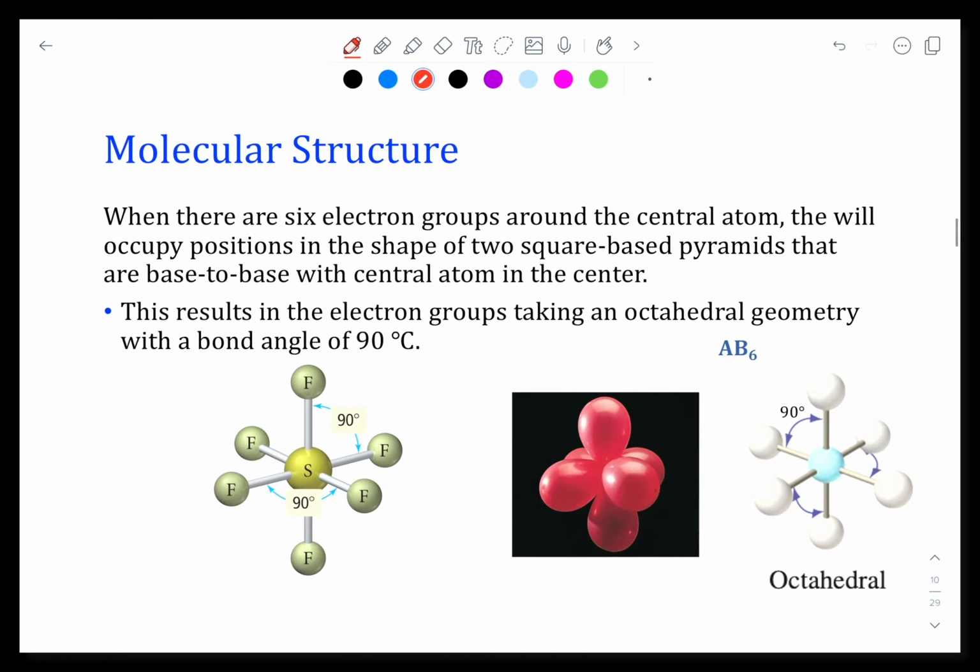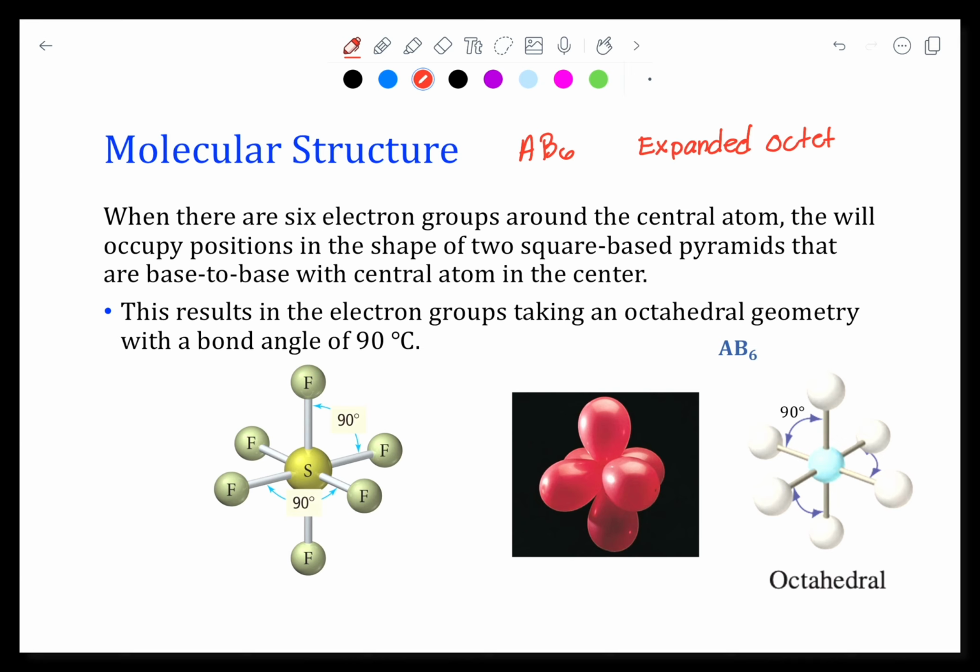Our last molecular structure is going to be the AB6. And this is, again, our expanded octet. Okay, so when there are 6 electron groups around the central atom, they will occupy positions in the shape of 2 square-based pyramids that are base to base with the central atom in the center.